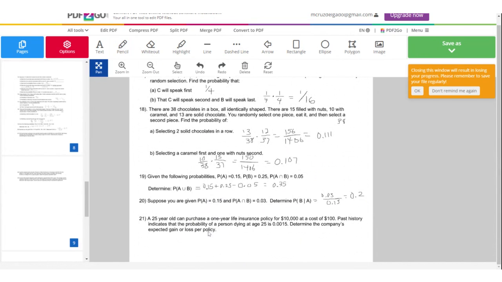So this is what they call the expected value. A 25-year-old can purchase a 1-year computer insurance policy at a cost of $100. Now, it helps if you have a little chart. There's not much room here, but we'll try to do it.